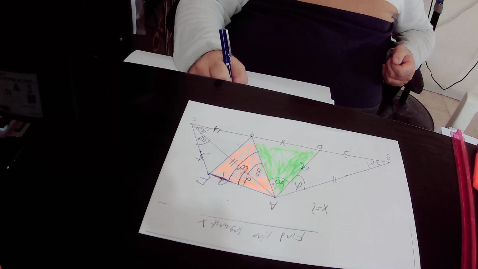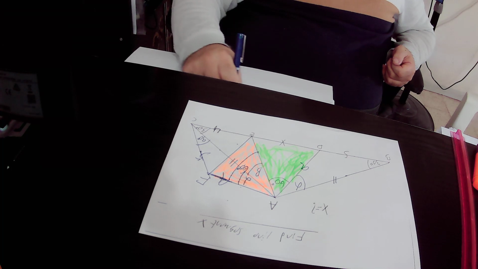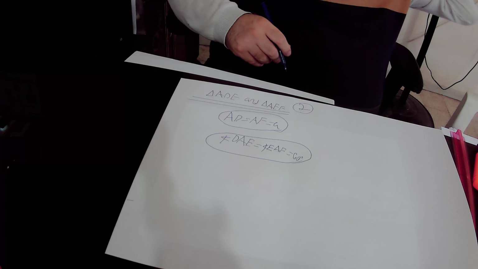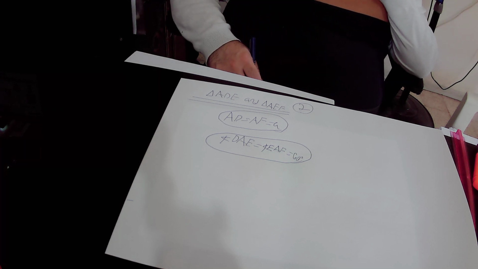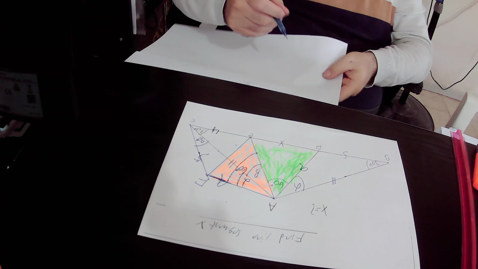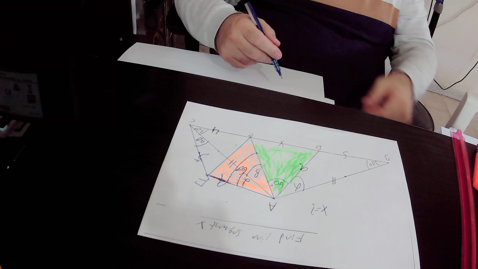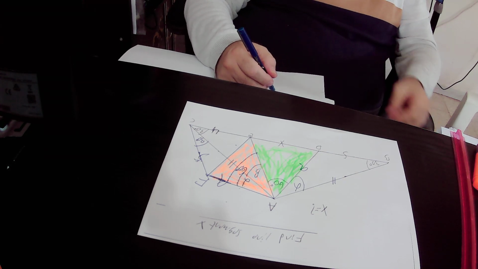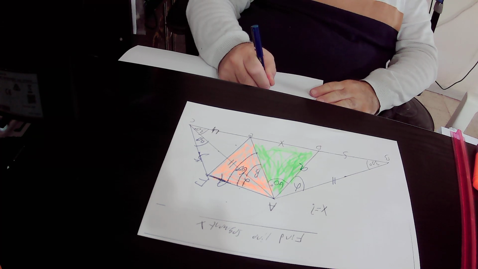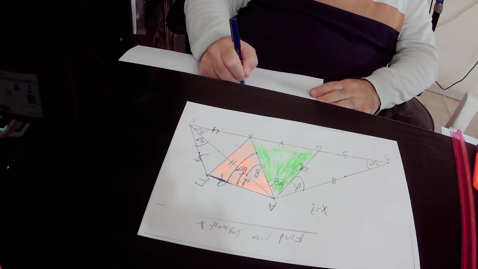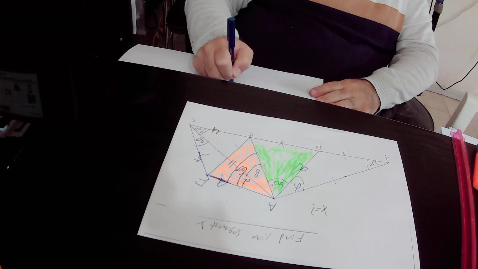They are both equal to 60 degrees, therefore they are equal to each other. And finally, we have side AE, that is a common side that belongs to both triangles. So side AE equals itself. AE equals AE. It's a common side that belongs to both triangles.